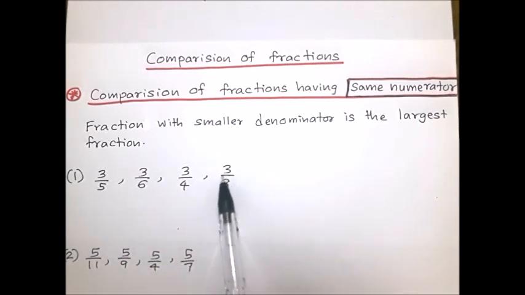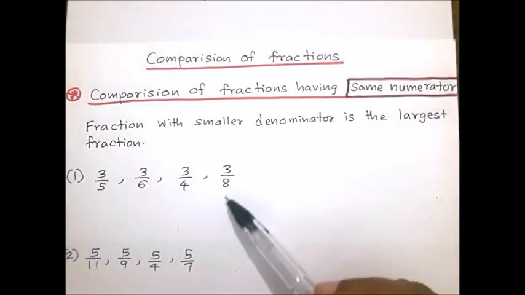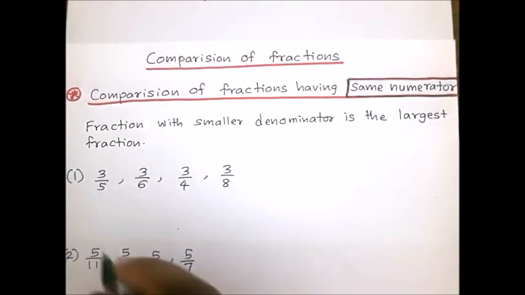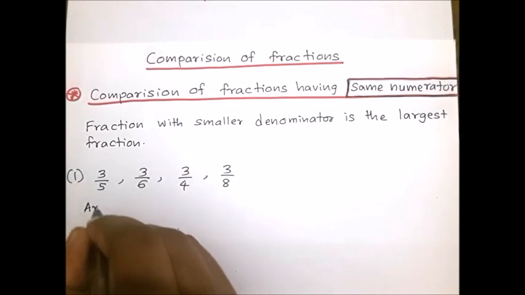And fourth cake cut into 8 parts and 3 parts given to your friend. So in which time she received the lowest amount, smallest amount? It is 3/8. So I am going to write these fractions in ascending order.